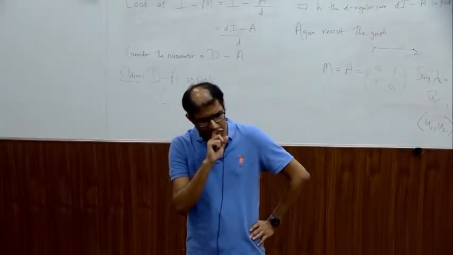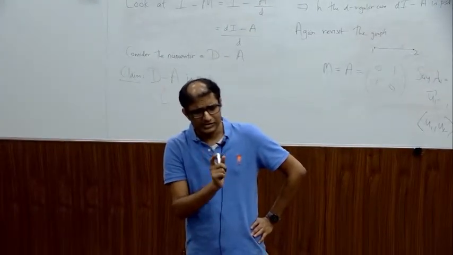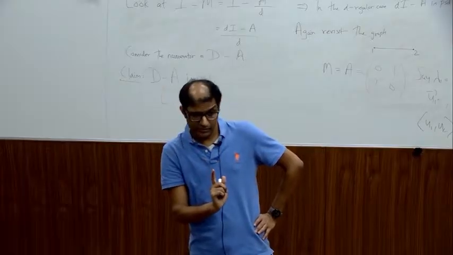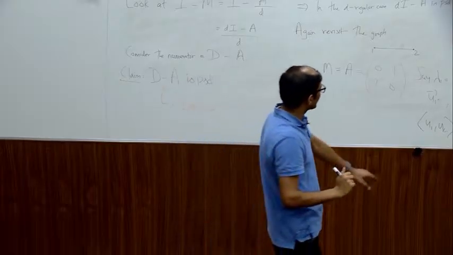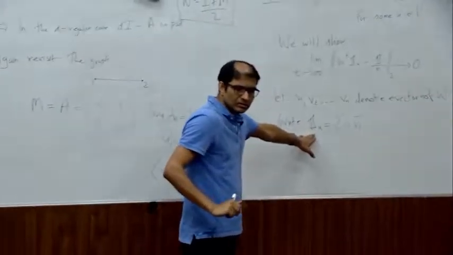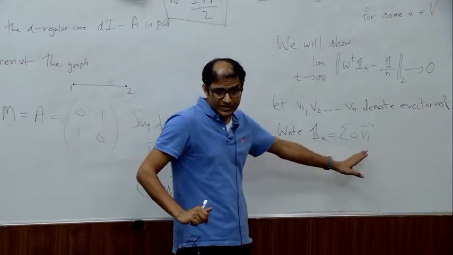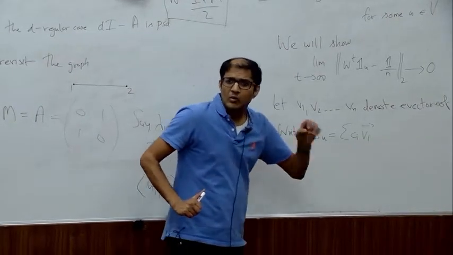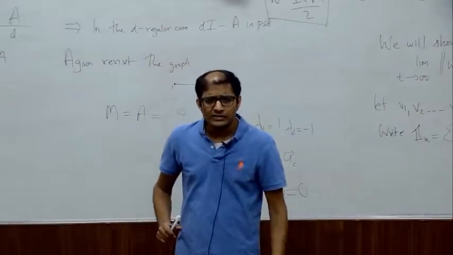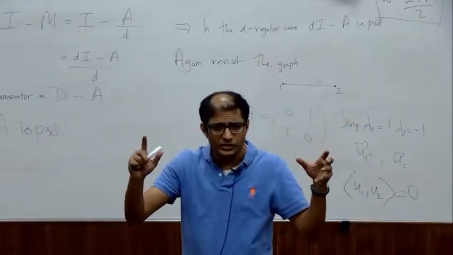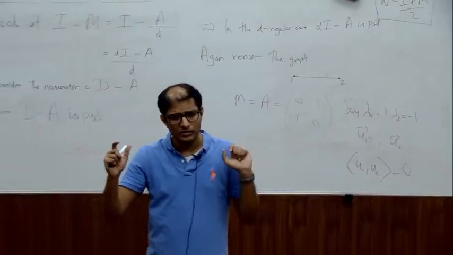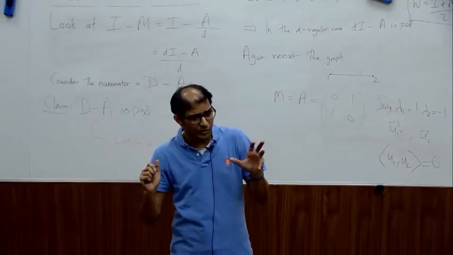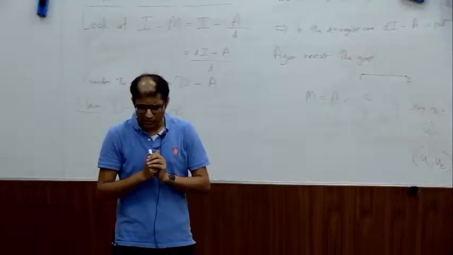Summation Ci squared is 1, right? Because this vector, its Euclidean length is 1. So summation Ci square is 1. What is C1? C1 is an inner product between some two vectors. Which two vectors?